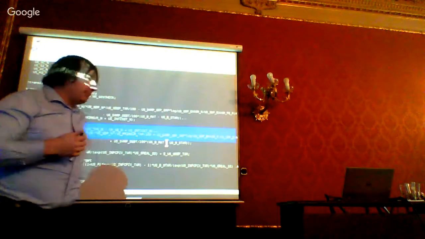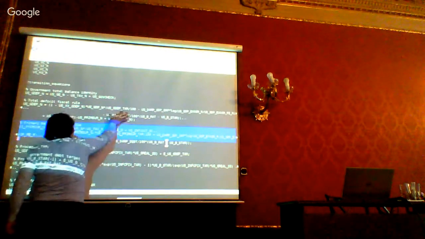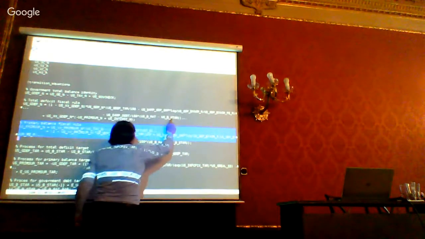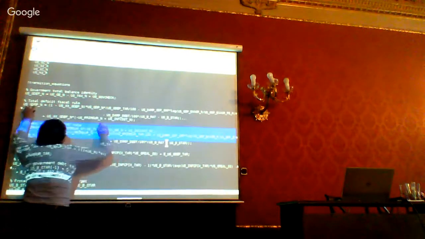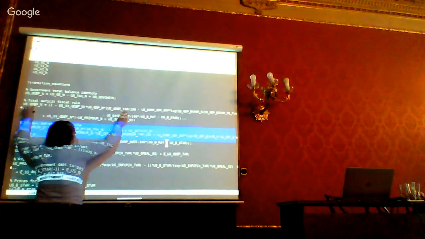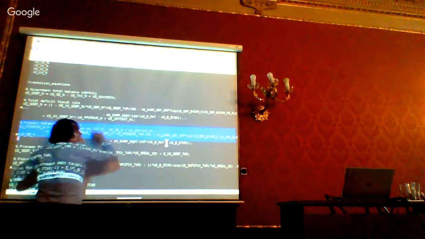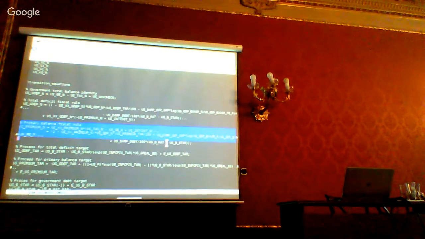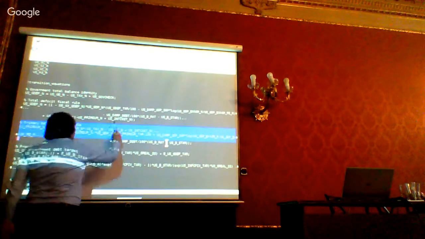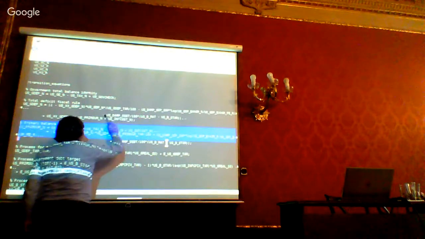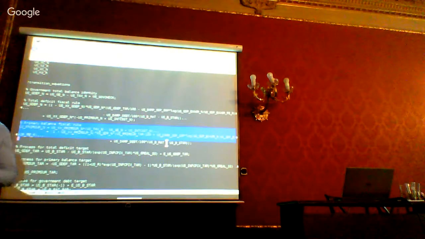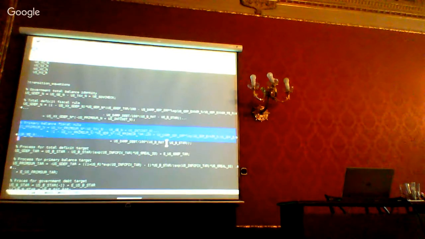Even if this is 0, the debt will be automatically going here because the actual deficit ratio will be automatically approaching this. But we can make it faster by putting something positive here. Do you understand? This is just a fiscal policy rule.